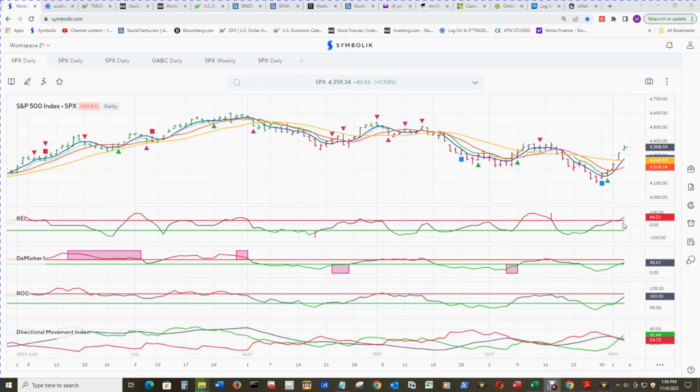It might be better to wait to see if this turns around on REI and seeks and finds neutral zero first. That's if DM1 and ROC can stay above their oversold lines here, and DM1 is barely above its oversold lines, so definitely a cautious tone, even though it looks really good.